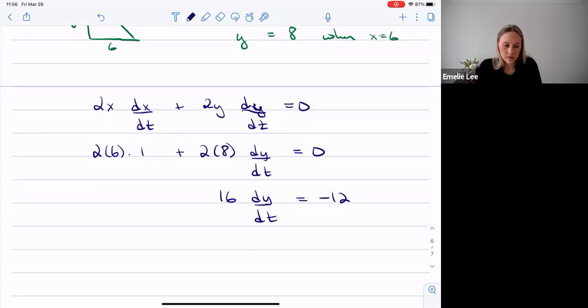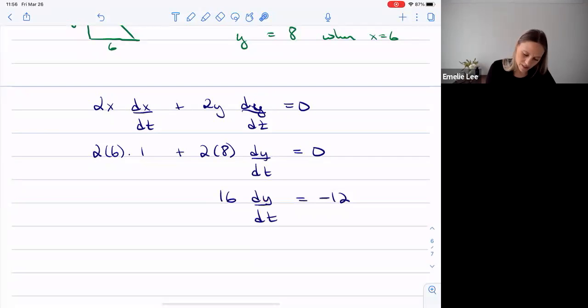And you have options, right? You could rearrange this default formula before plugging things in, if you find that that's easier, or if you find working with actual numbers easier, then plug in the values and rearrange. After you've taken the derivative, you're safe to plug stuff in either way.